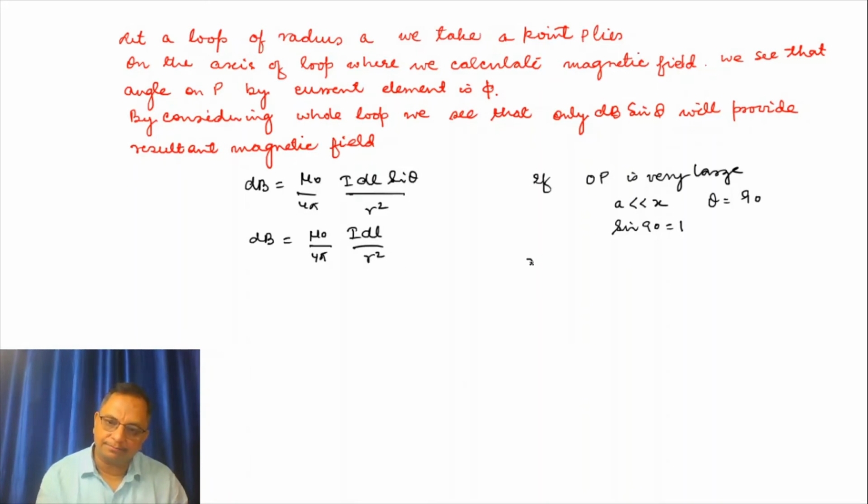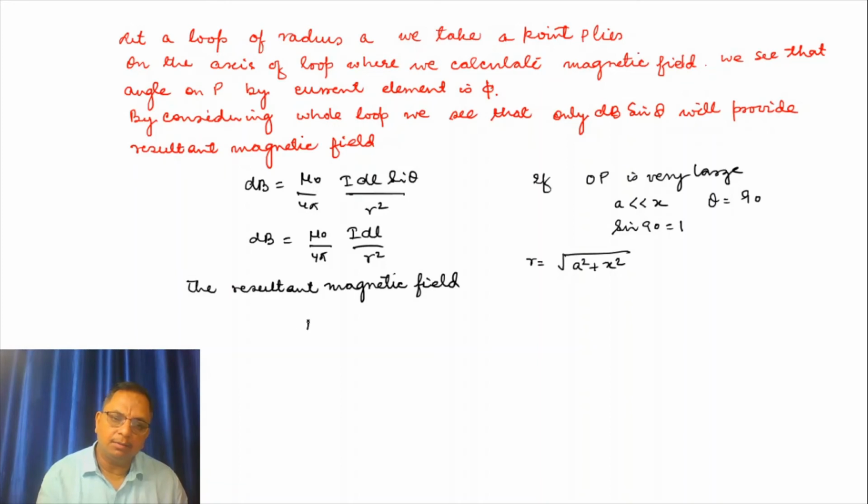Here the value of r is under root a square plus x square. If the coil has n turns, another thing we can calculate is the resultant magnetic field, B is equal to the integral from 0 to 2 pi a of dB sin phi.